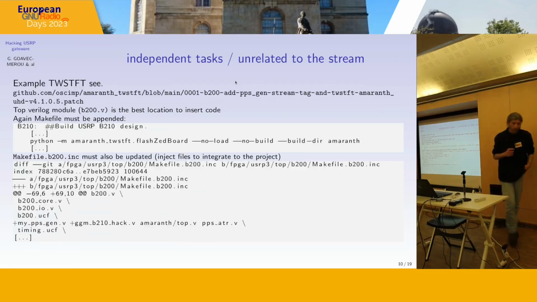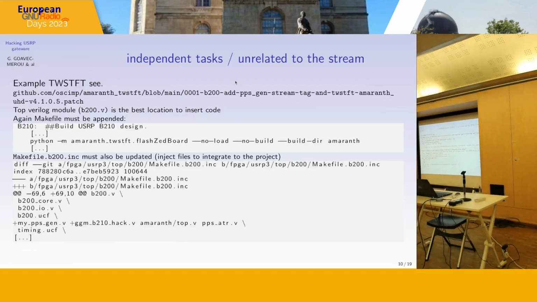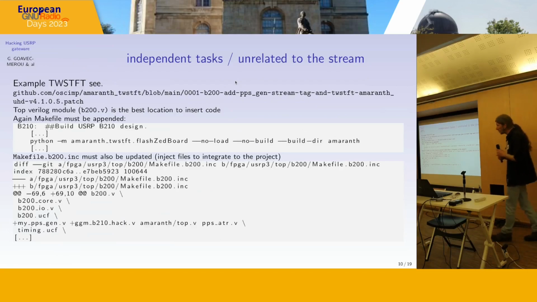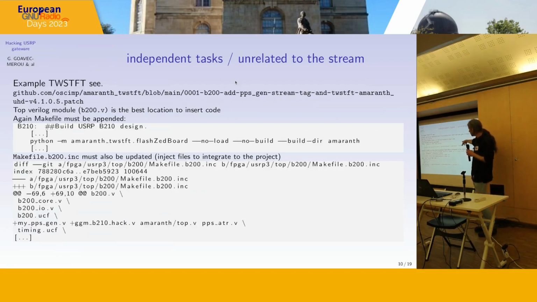For an important task, it's straightforward, more because you don't care about how to add your code. The best location is the top Verilog level. It's fine, and in fact, it's just some modification for the makefile.